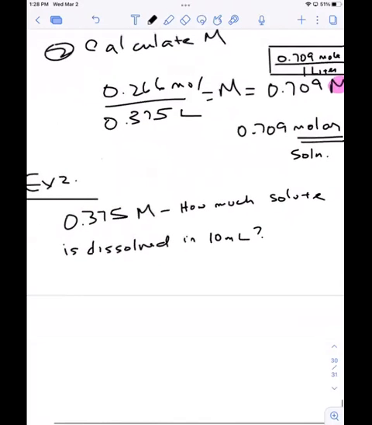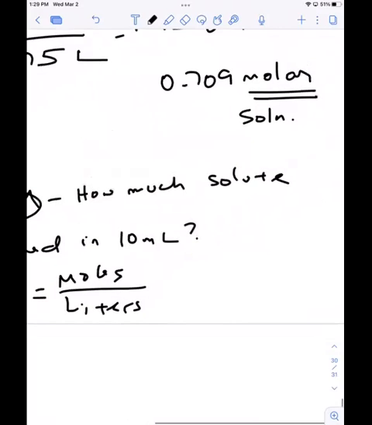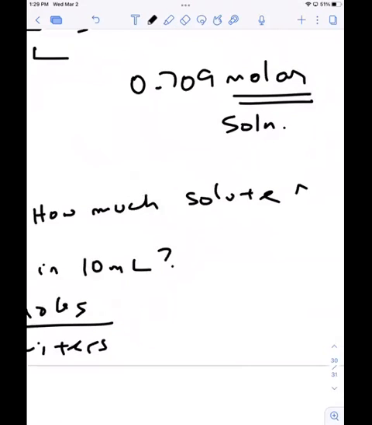All right, so we got the concentration, and remember the relationship, M equals moles of solute over liters of solution. So how are we going to get moles? And I neglected to put that in here. How much solute? I should have put it in here in moles.